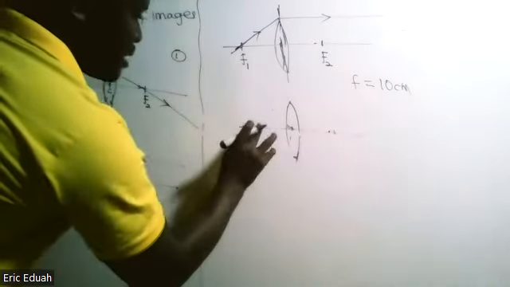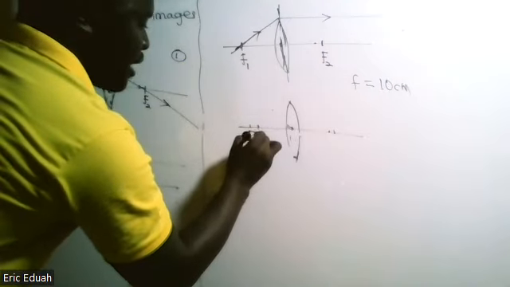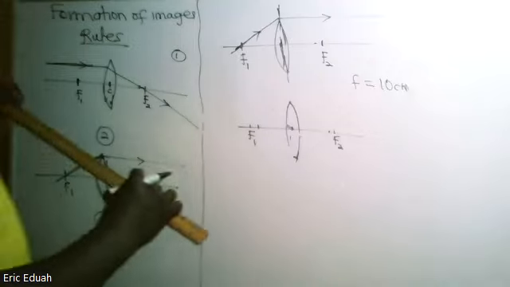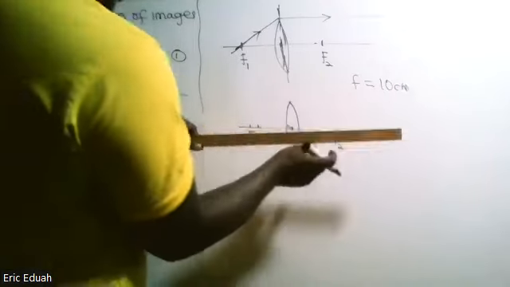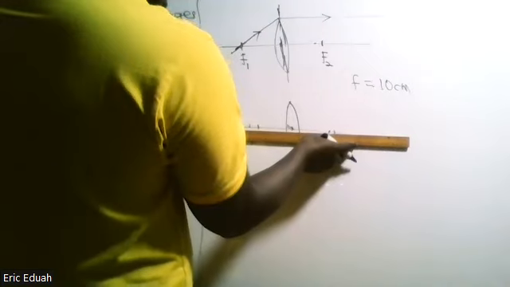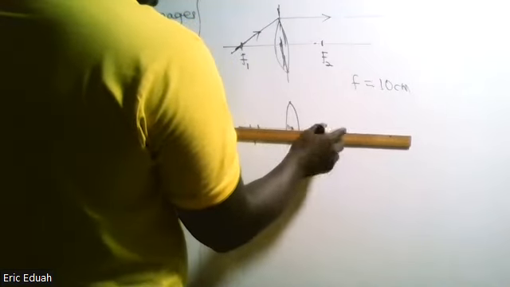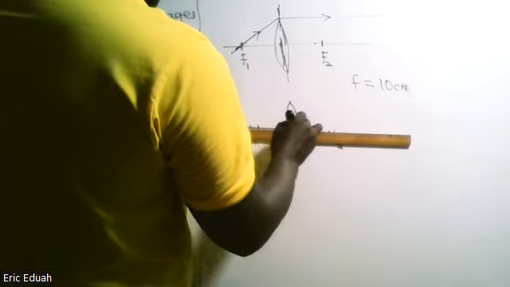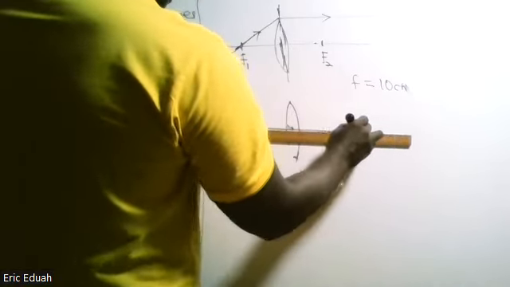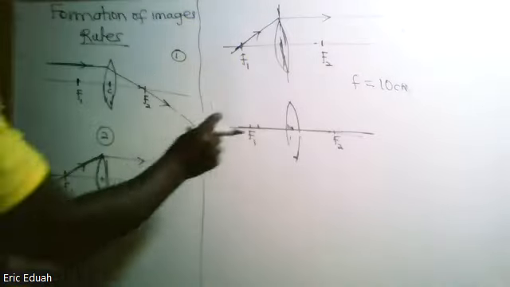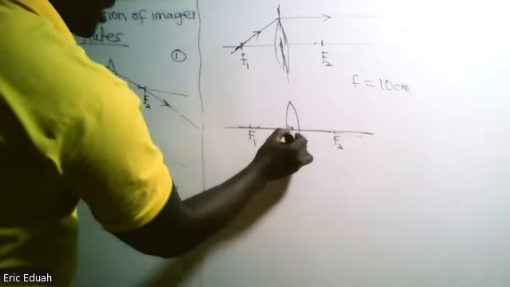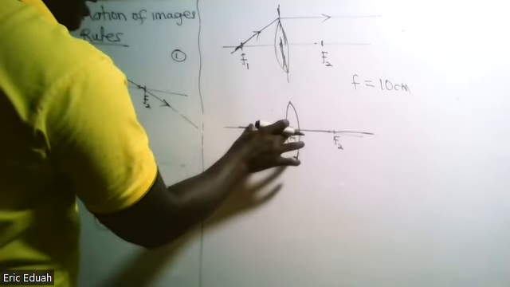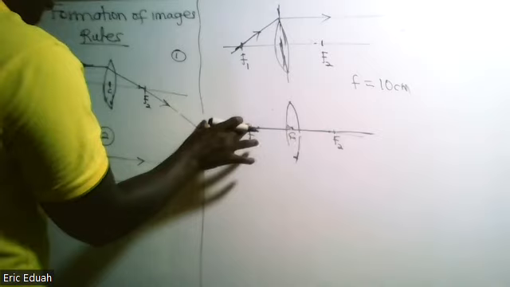Okay, so this is F1, this is F2. Okay, so if this is F1, then F2 would be somewhere here.